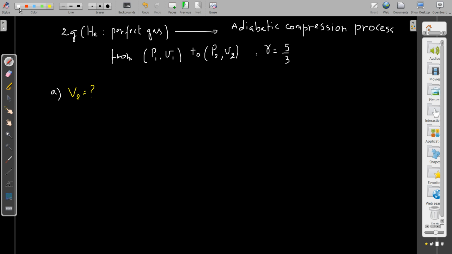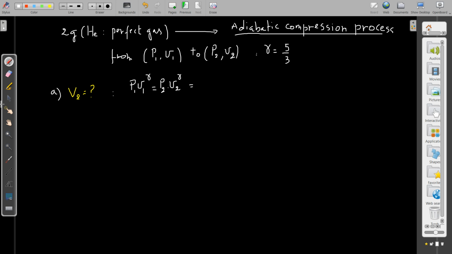How much is it? Adiabatic process. It means that the rule is P1 V1 to the power of gamma equals P2 multiplied by V2 to the power of gamma.